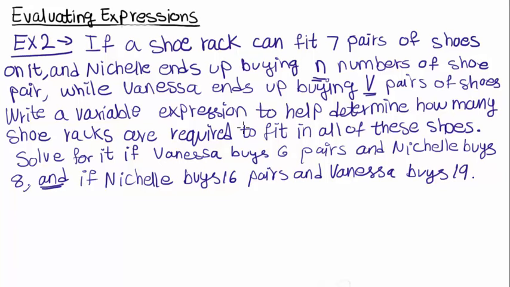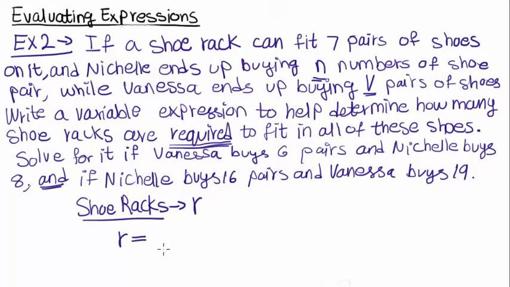So in this case, what we really need to solve for is the number of shoe racks required. So we need to determine a variable to represent shoe racks. Now again, you can use any variable, but in this case, I'll choose the letter R. So the R is the variable that I'm trying to solve for. Therefore, R will be all by itself on the left-hand side. On the right-hand side, I can now come up with my appropriate variable expression.